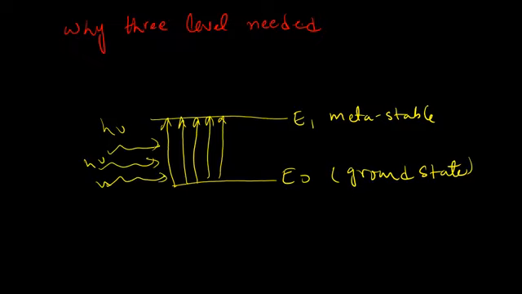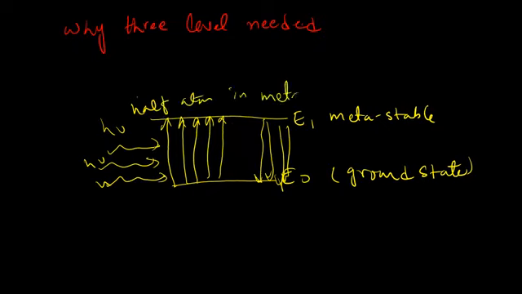However, at the same time, the pumping will also induce a downward transition from the metastable state to the ground state. After some time, half of the atoms are in the metastable state, and half of the atoms are in the ground state.